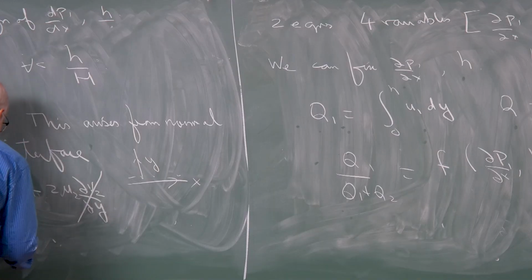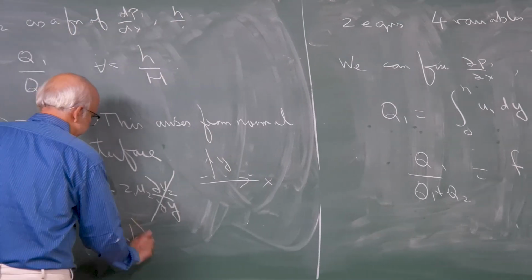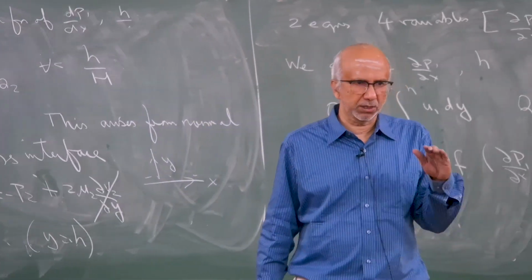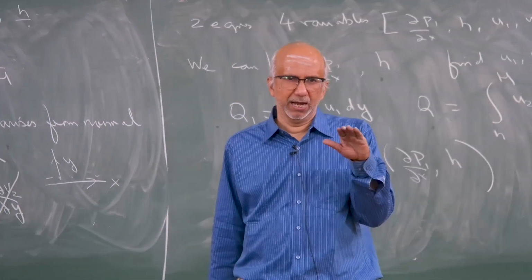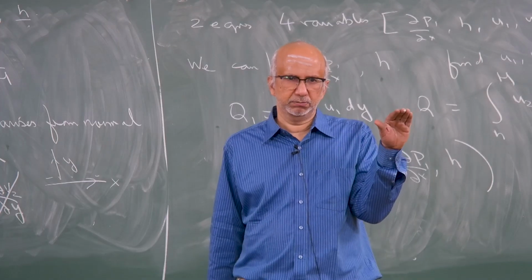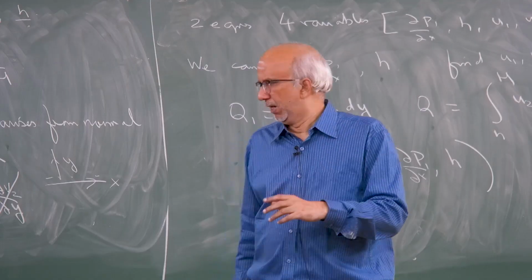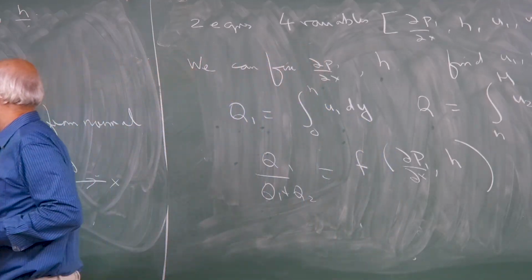This is of course at y equal to small h, because I am doing the normal stress balance at the interface. At the interface the normal stresses are balanced, and this is how the normal stress is defined.